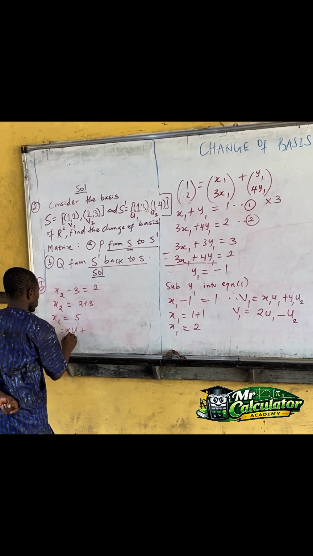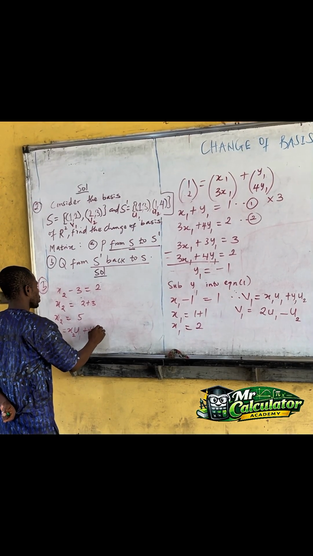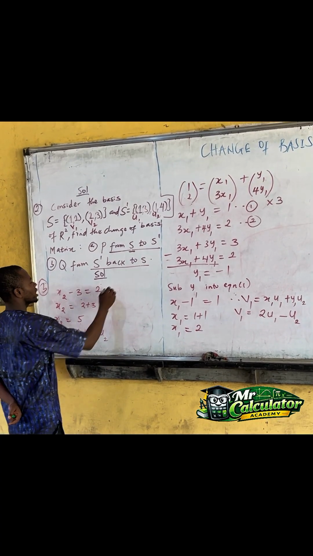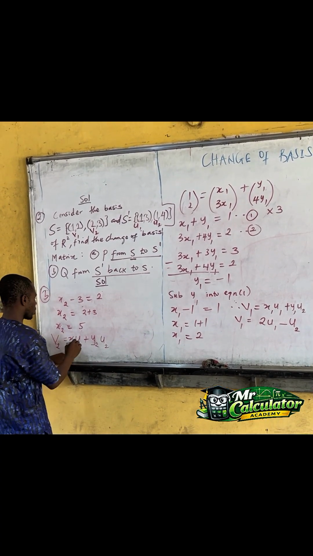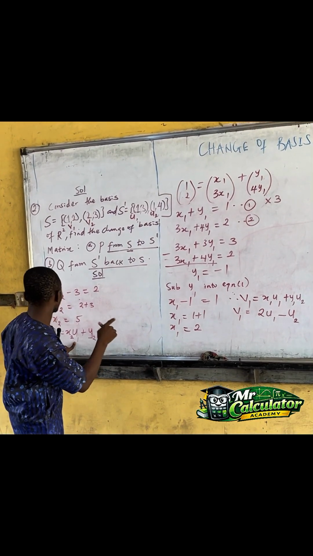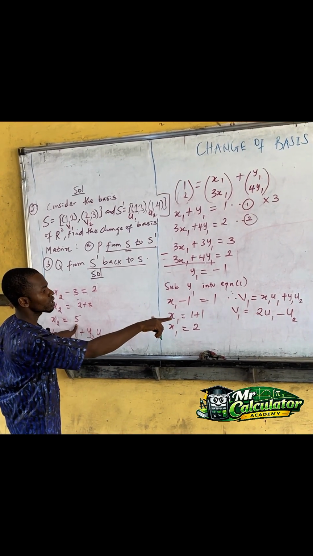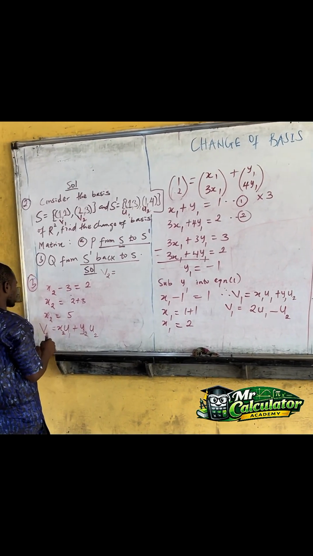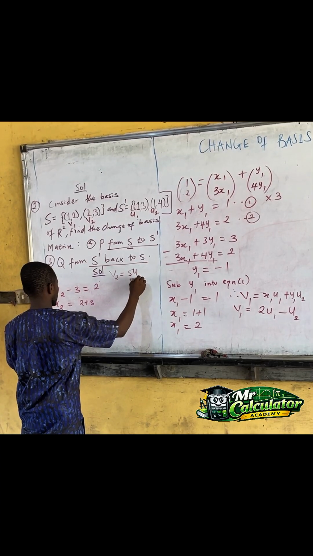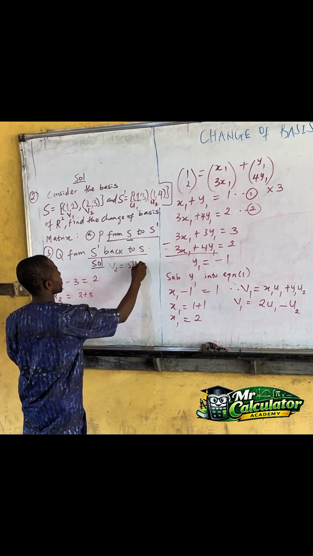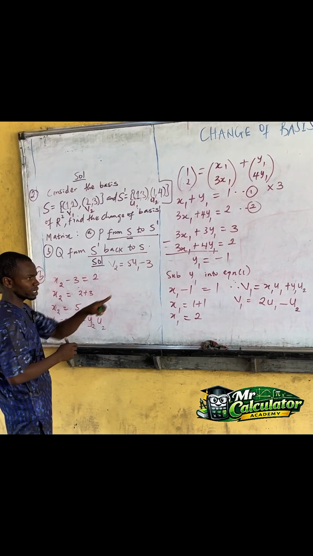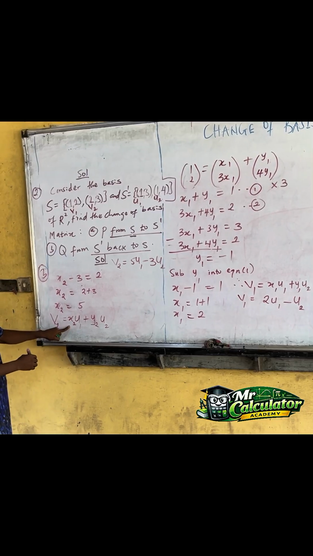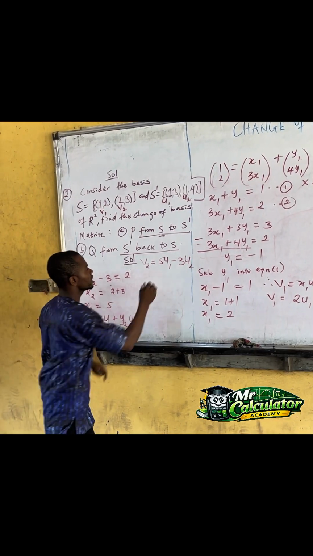So the final answer, V2 equal to X2 U1 plus Y2 U2. We have gotten our X2 as 5, and our Y2 is minus 3, which means V2 equal to 5U1, because of the minus in Y2, minus 3U2.